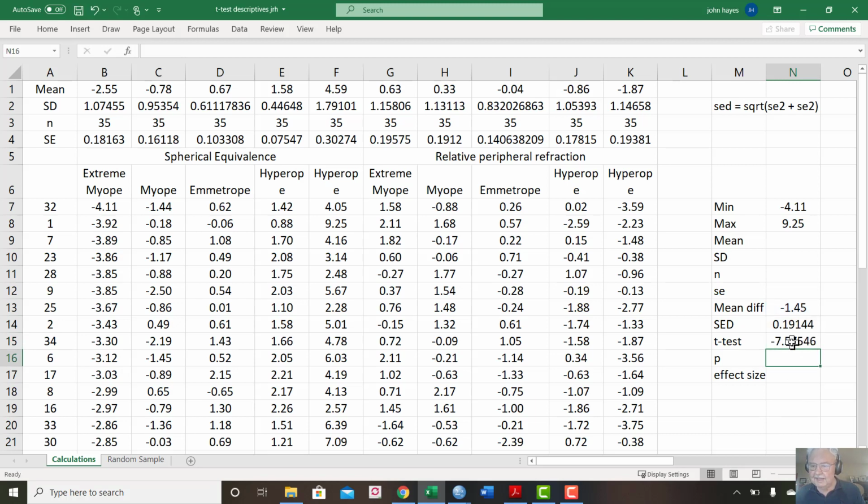So the t-test is minus 7.5. The null hypothesis is that these two means are equal, because those two are the same. That's what we're testing.